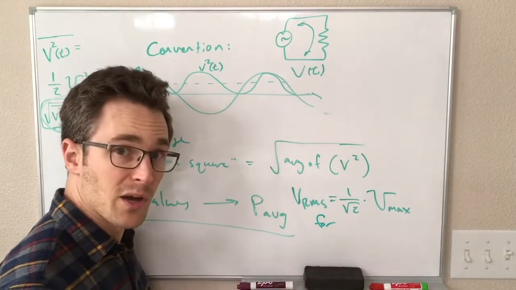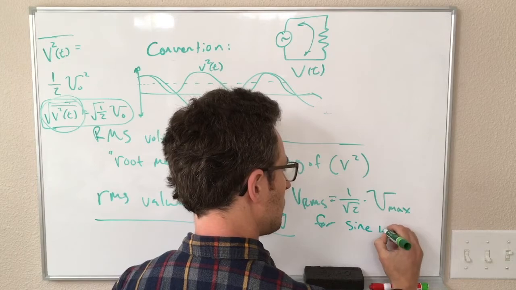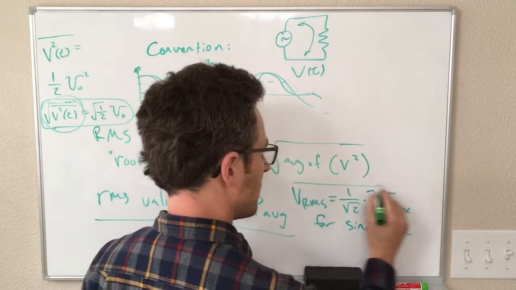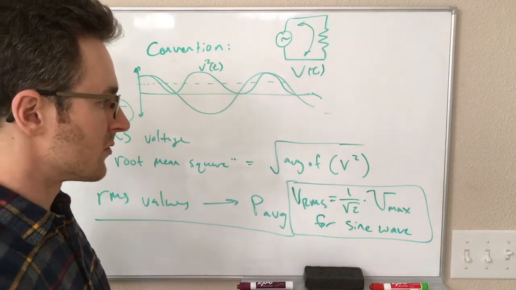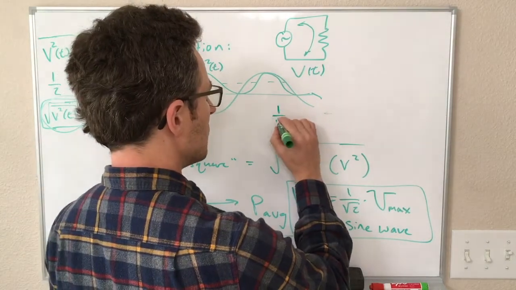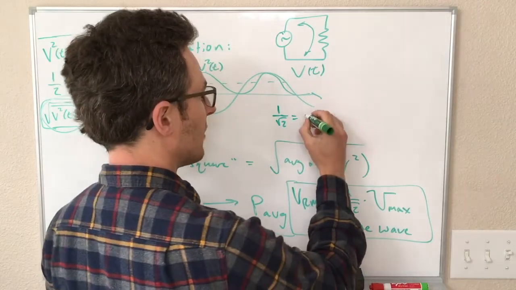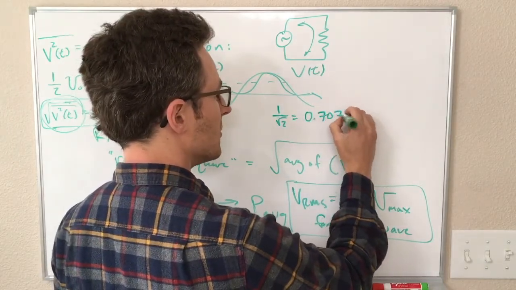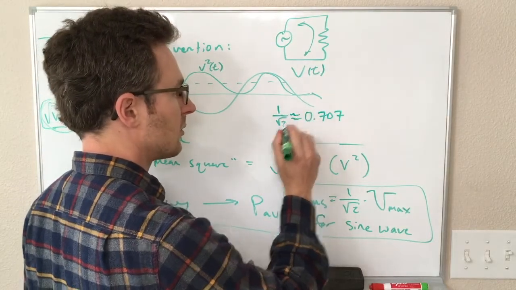We will later talk about signals that are not sine waves, and so I will specify that this is true for a sine wave. So it's this factor of 1/√2. In case you don't remember, that is the sine or cosine of 45 degrees. That is 0.707 with some other digits, approximately equal to.